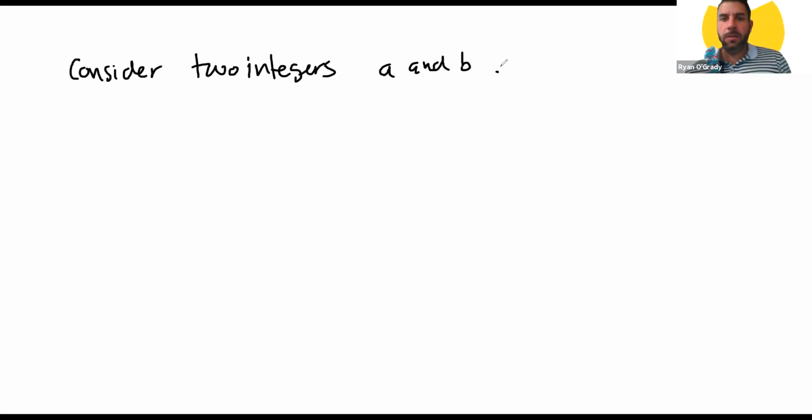So if N is a positive integer. I'm going to use N, not M, because there are too many M's floating around. That becomes confusing.